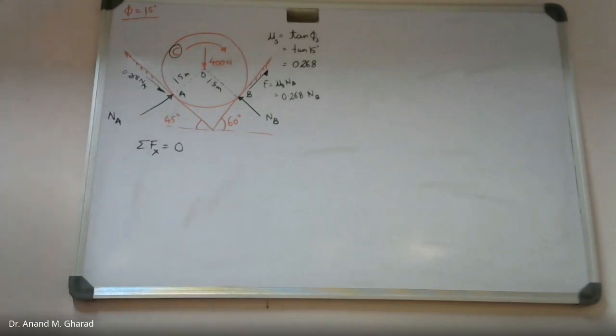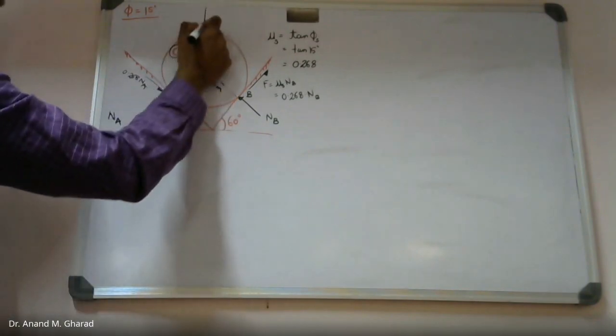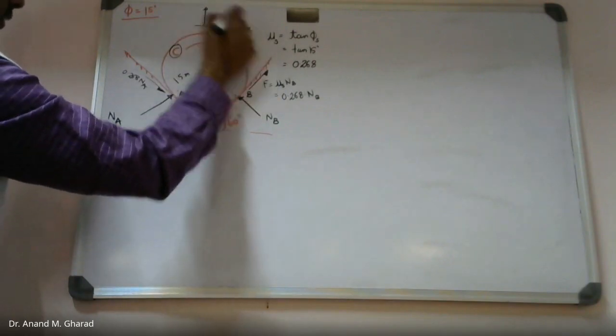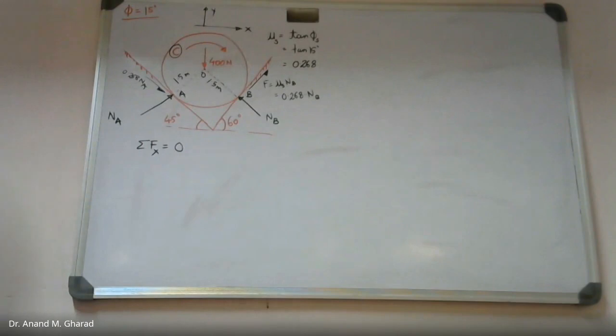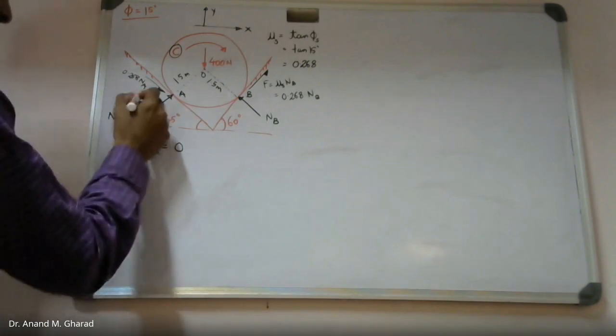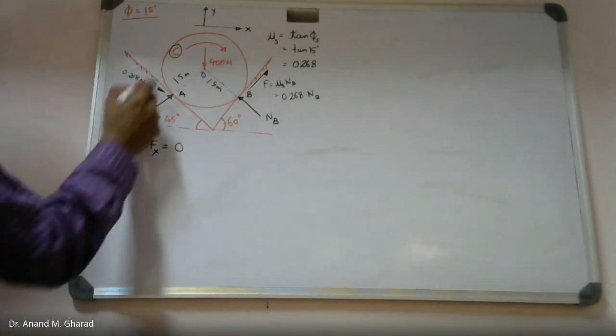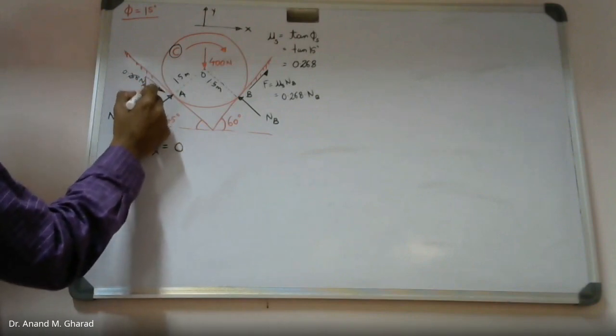So let us start with summation of forces in x direction equal to 0. For that, what you can do is consider this axis system x and y, and with respect to this, you can resolve the inclined forces. So by that, these will be the resolutions.